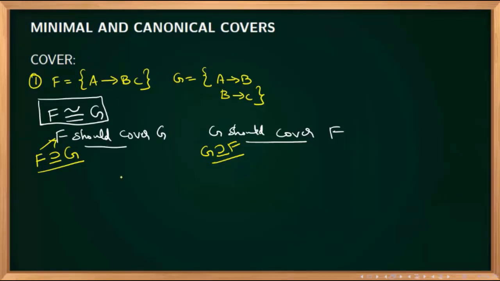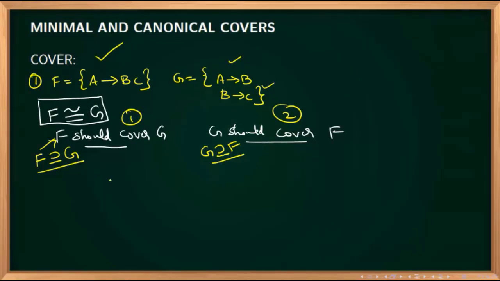Now, can somebody say whether F is covering G? This is the first one, this is the second one. Sonia is telling no, others are asking why. F is covering G means we are having only this functional dependency set, and with the help of this functional dependency, we should cover G. With A determine B, you should cover A to B, and B to C should be satisfied.